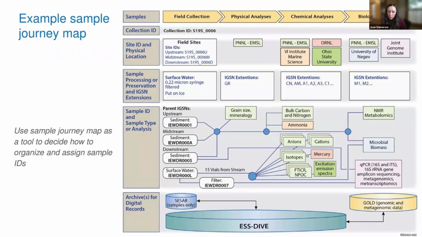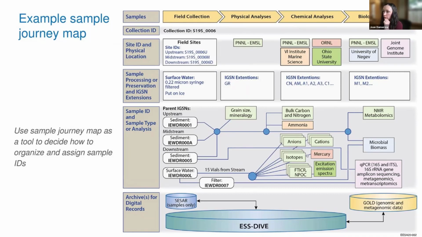During our pilot test, where we worked with 8 different national lab projects, multidisciplinary projects, we also worked with many of them on a sample journey map as one tool to decide how to organize their samples and assign sample identifiers. And so this included any collection identifiers, site identifiers, sample processing and preservation, and then also all of the different analyses that were conducted on a given sample.